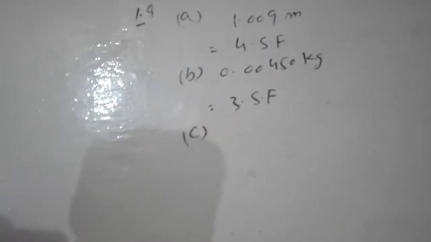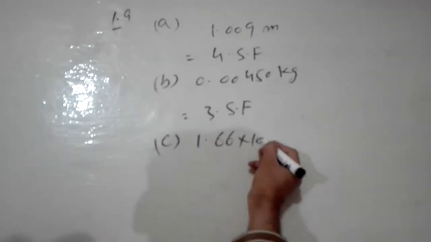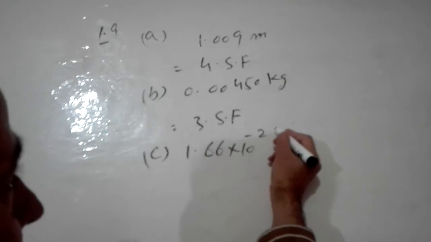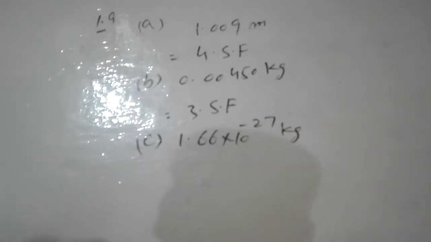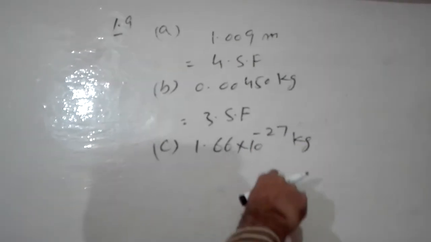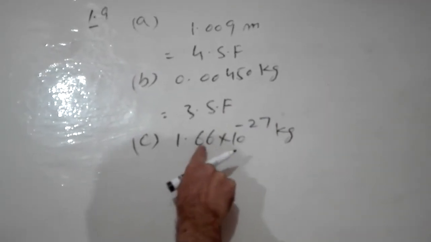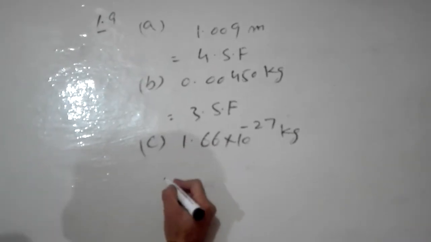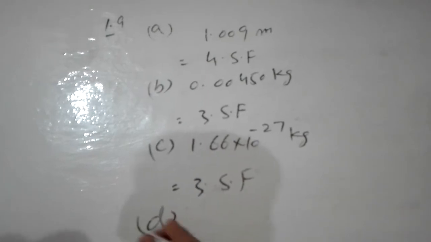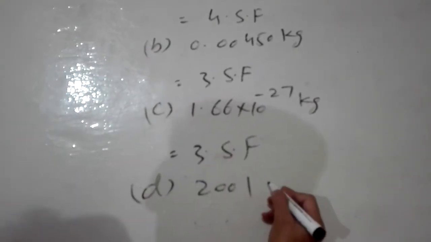Okay, now C part: 1.66 into 10 raised to power minus 27 kg. Can you tell me, in the previous question I have told you the 10 power is ignored. So these numbers are counted, 1, 2 and 3. So 3 significant figures.